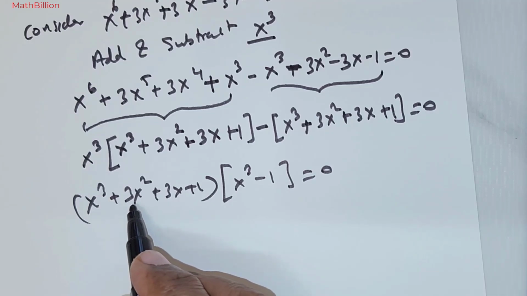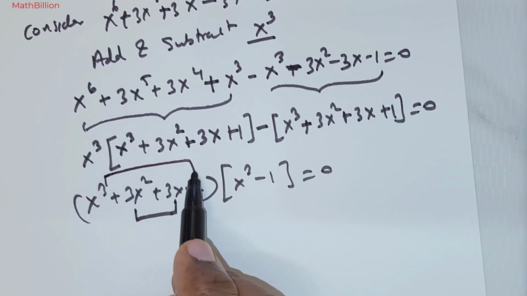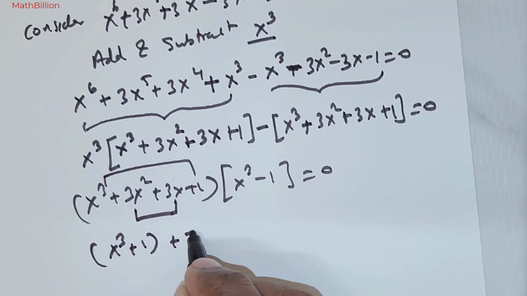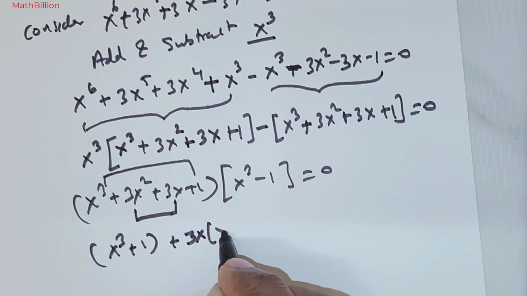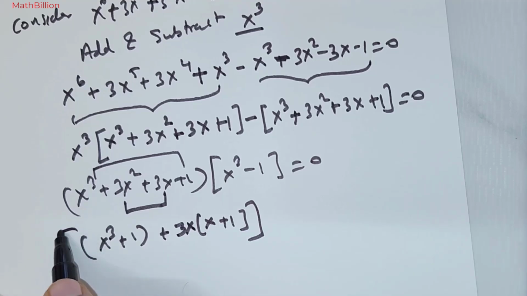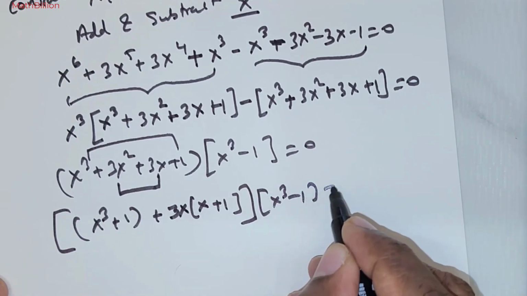So if I were to take 3x out, probably I can club this with this and this with this. So this is going to be x^3 + 1 + 3x(x + 1), followed by x^3 - 1 = 0.